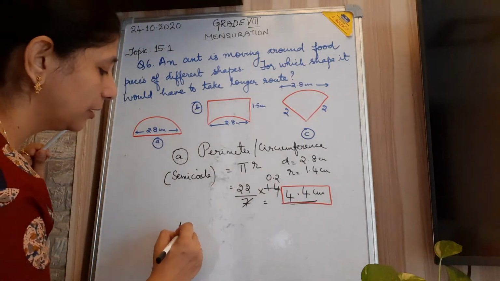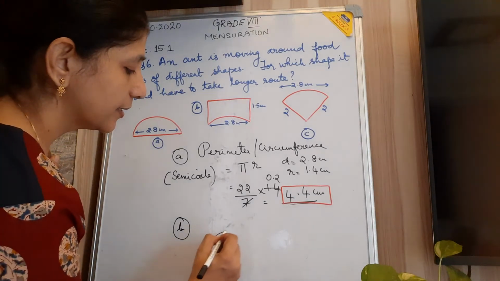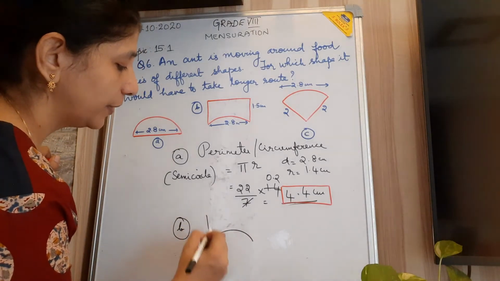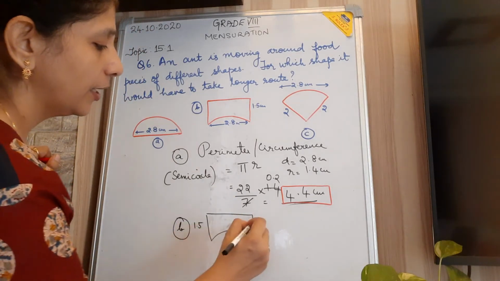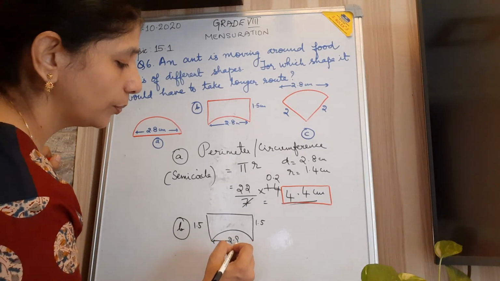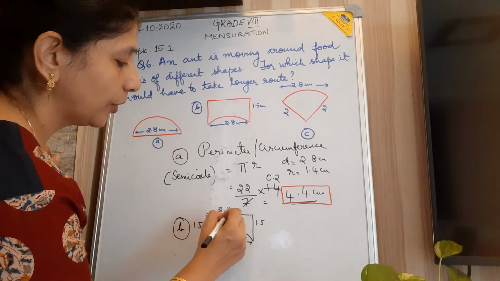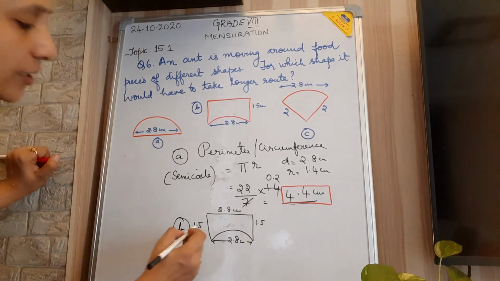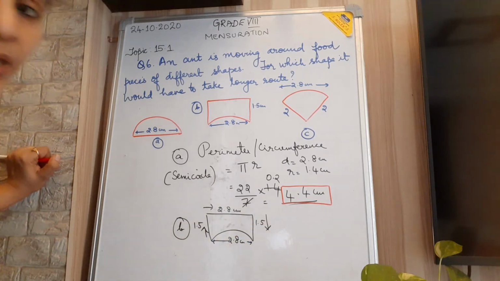Now what about the B? B is a combination of a semicircle and some other shape. So here it is 1.5 and 1.5, and this is the diameter, that is 2.8 centimeter. So this length you have to add up, 2.8 centimeter, isn't it? It is going around, so all the sides should be considered.